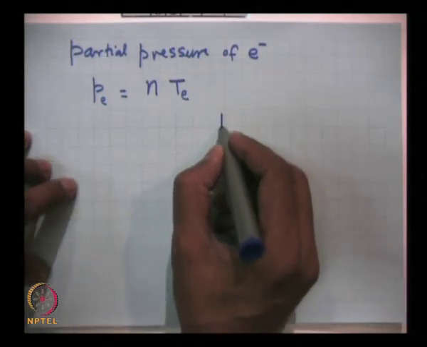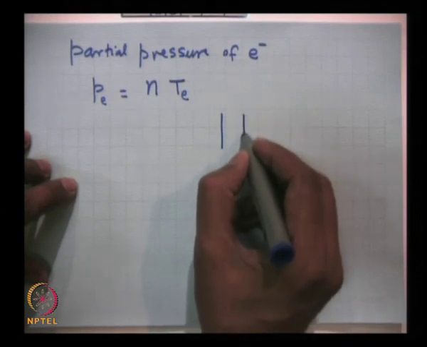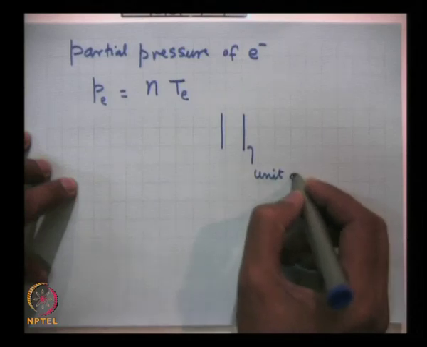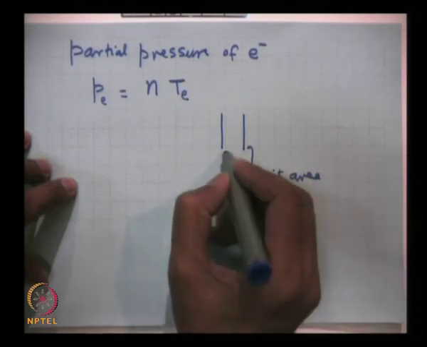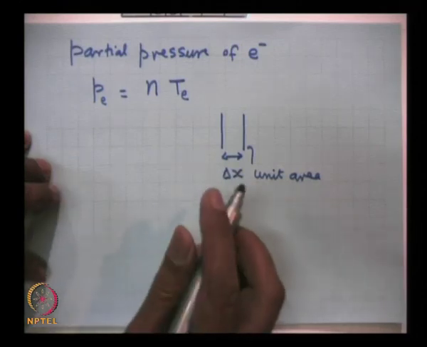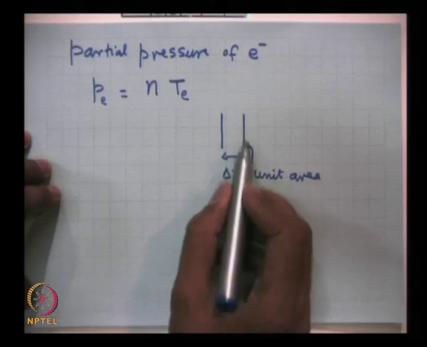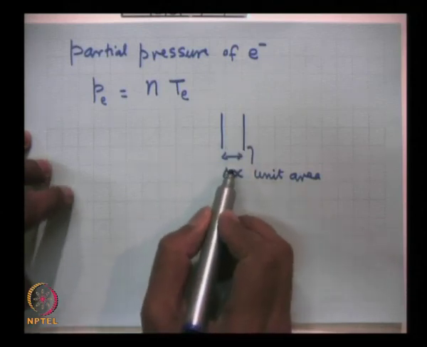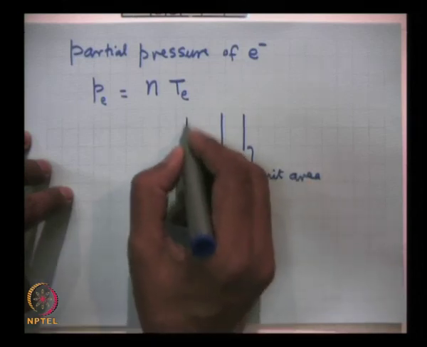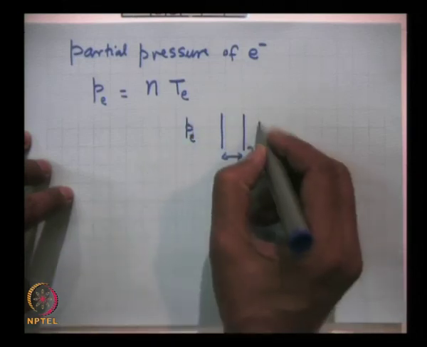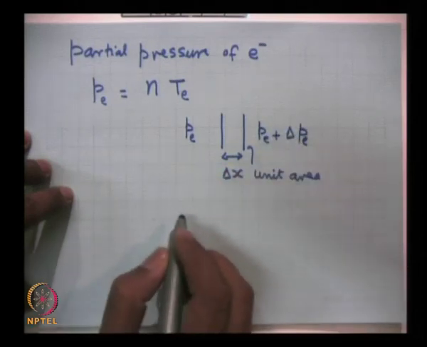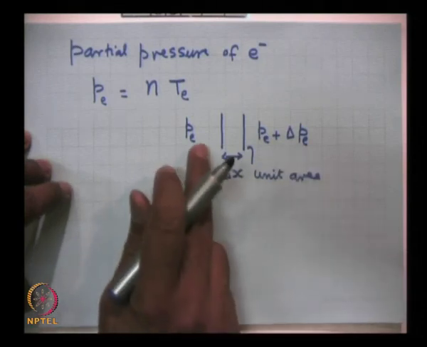Suppose I consider a region of space of unit area of cross section, and the distance between the faces is, say, delta x. So consider a volume of plasma of unit area of cross section and length delta x, and suppose the pressure varies with x. So pressure on the left is Pe and pressure on the right is Pe plus delta Pe, because the pressure is changing, so it will be different here than there.